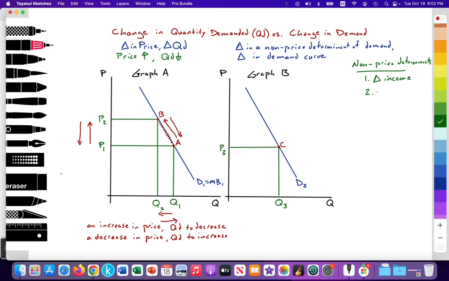This could be a result of a change in tastes and preferences for a particular product. The price of the product is not changing, but there's a change in the tastes and preferences. Those consumers may want more or less of it, so demand would increase or decrease. So change in tastes and or preferences. It could also be due to a change in the size of the market, the number of consumers.